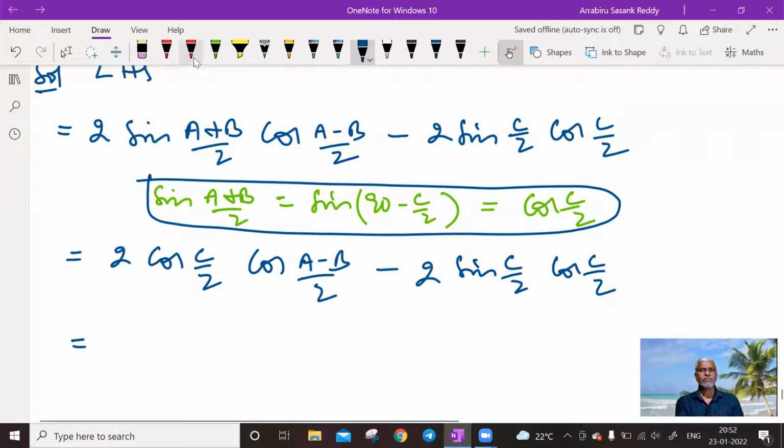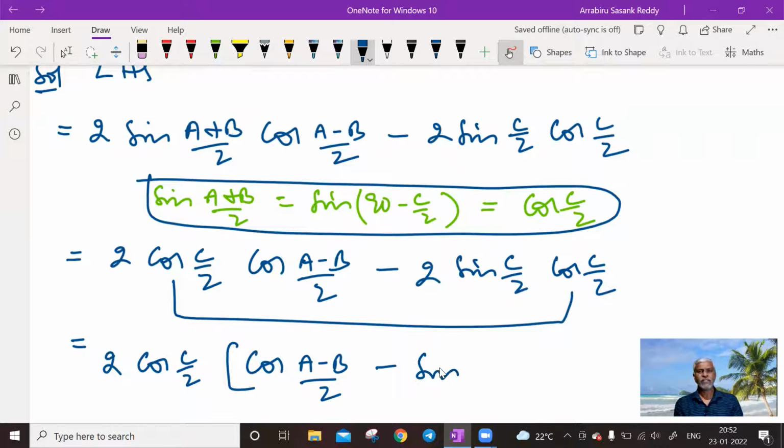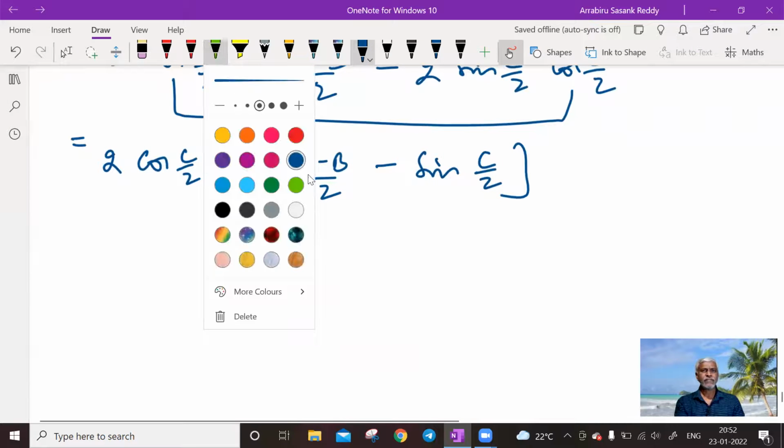Here, taking 2 cos c by 2 common, cos a minus b by 2 remains and sin c by 2 will remain.